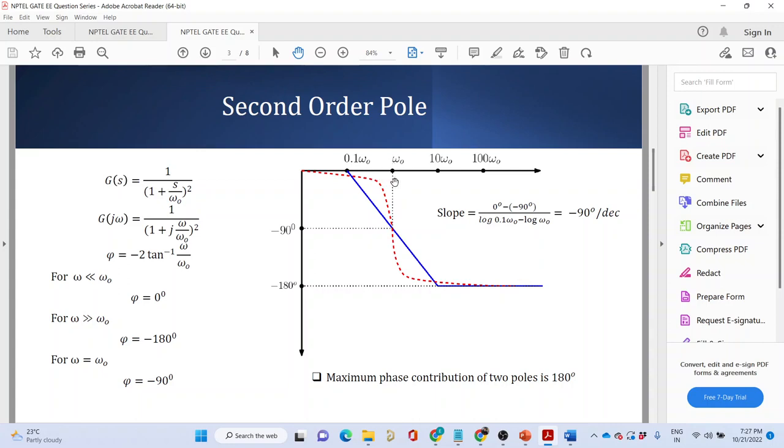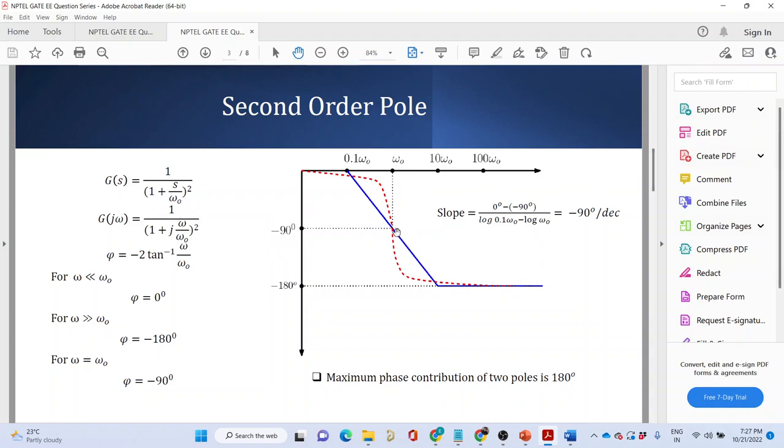Shahadat, any idea? No, sir. I have already told you what you would do is see at what frequency the gain is. Say if there is a second order pole, you would just see at what frequency the phase is minus 90 degrees.